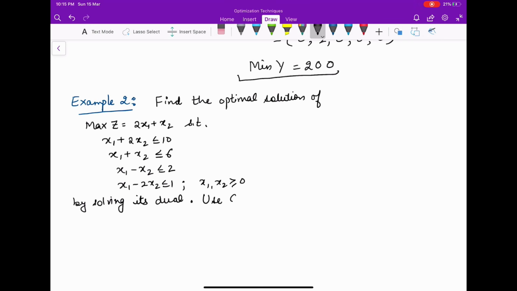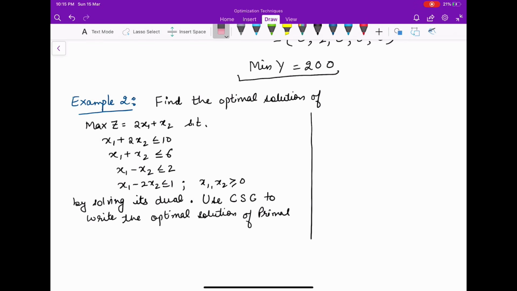Use the complementary slackness condition to write the optimal solution of the primal. On this side I am writing the dual of this. So let's say this is my primal problem and on this side I am writing my dual problem.